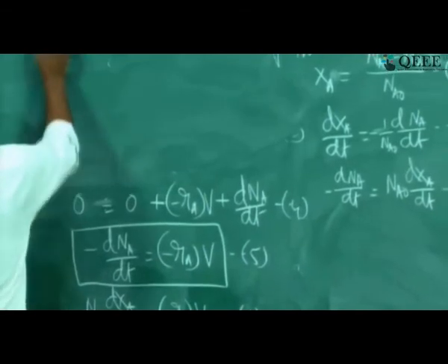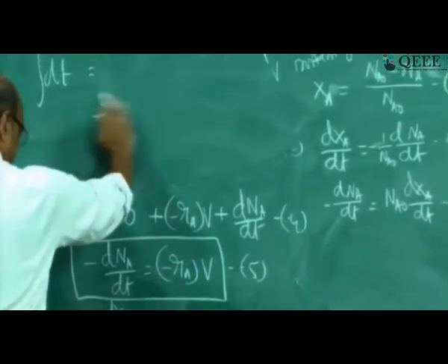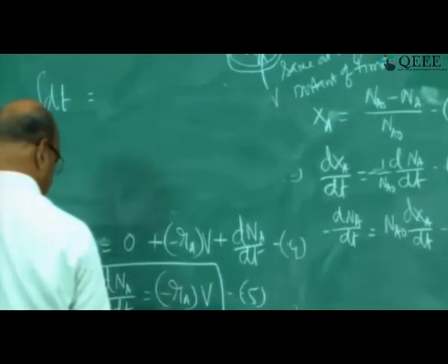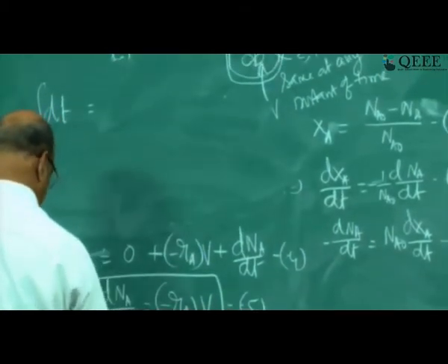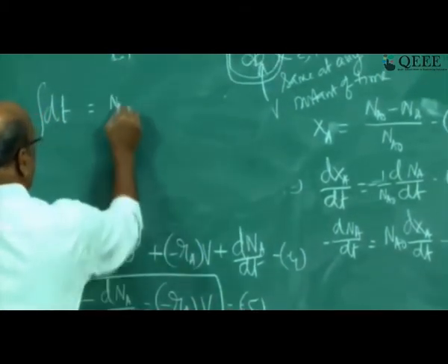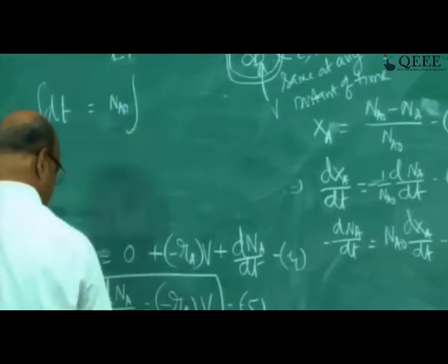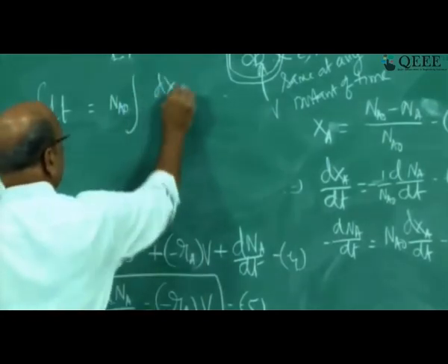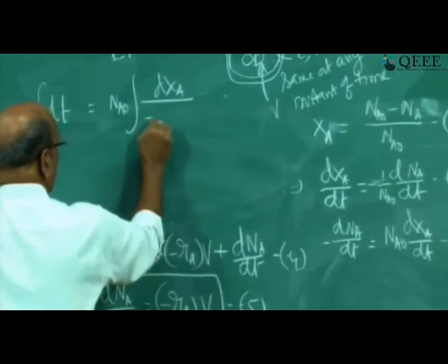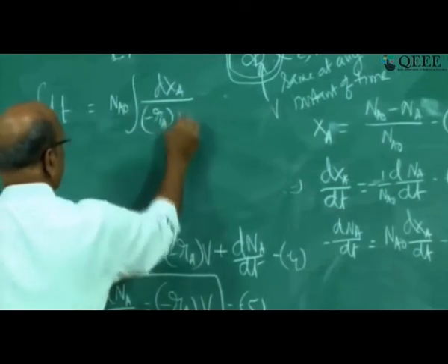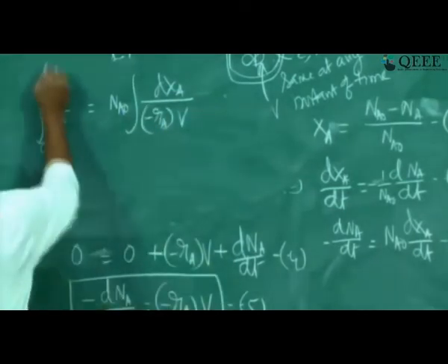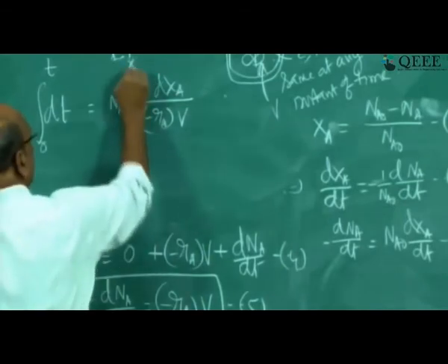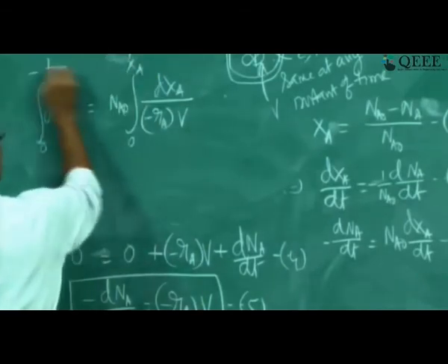You can write the integration of dt, with NA0 which is a constant, dXA by -RA into V, from 0 to t, correspondingly 0 to XA. So this is the differential equation that we have.